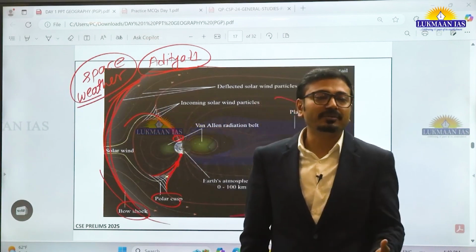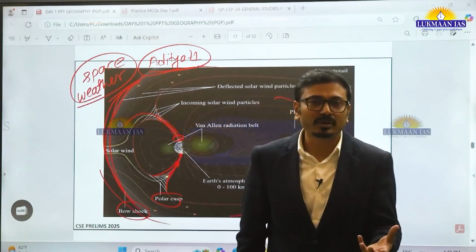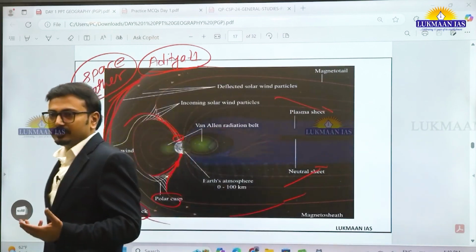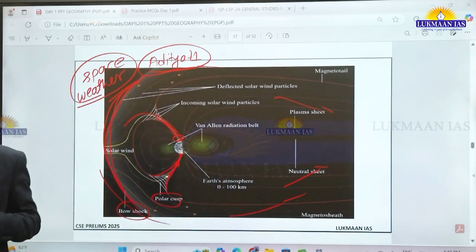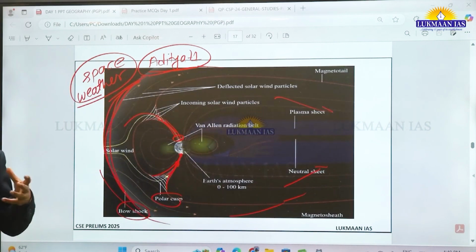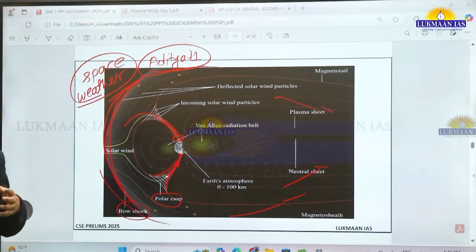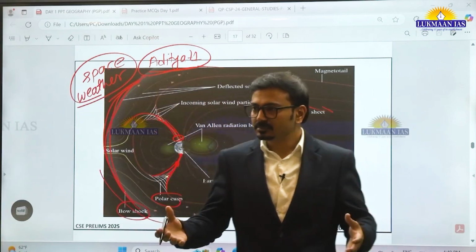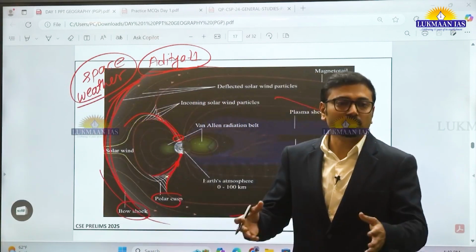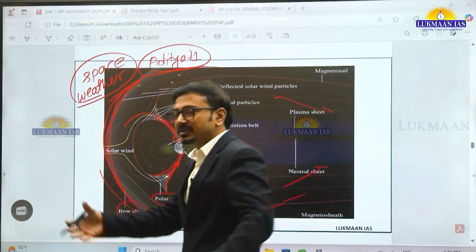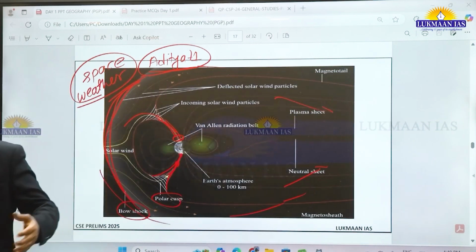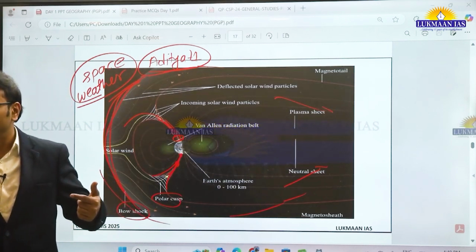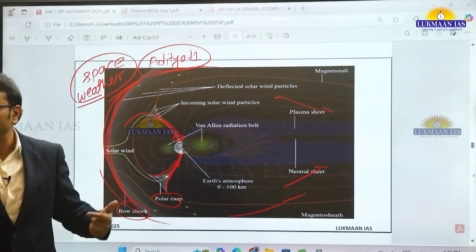It is also going to affect the astronauts doing a spacewalk. It is going to affect the GPS, the global positioning system, or microwave or radio communication systems, and it will also affect the power lines. So it may result in power cuts, because long cables have a magnetic field around them. मैंने अभी बताया ना कि it is going to produce a magnetic field around it.